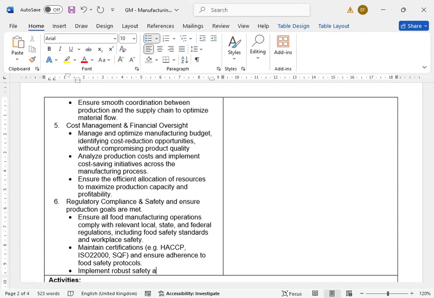Okay, so implement robot safety programs, and regularly review health and safety.